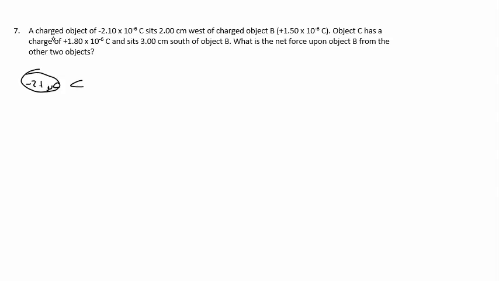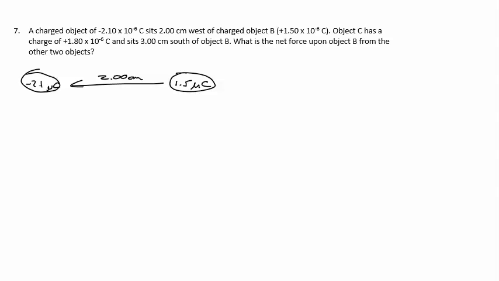And it is sitting 2 centimeters west of this object B, 1.5 microcoulomb charge. Okay, because this is negative and this is positive, we will see this as being an attractive force.